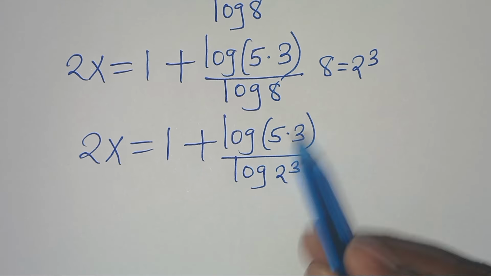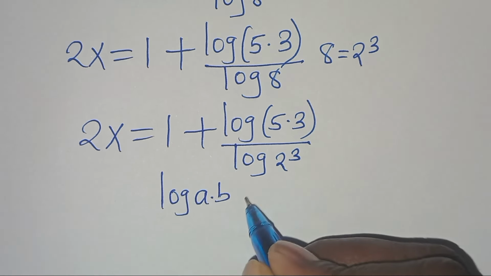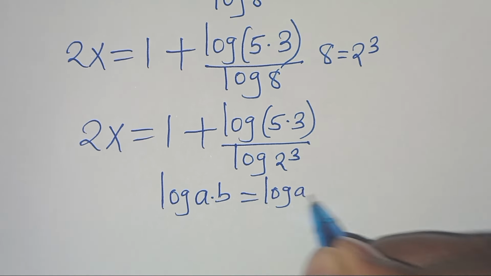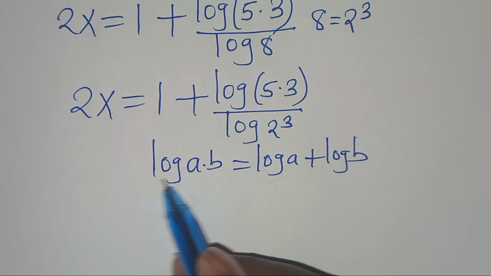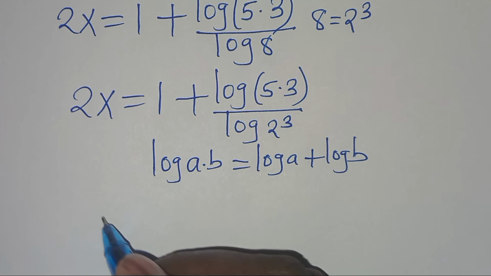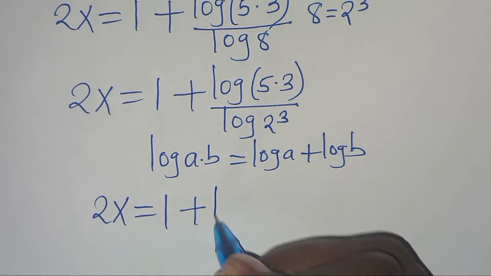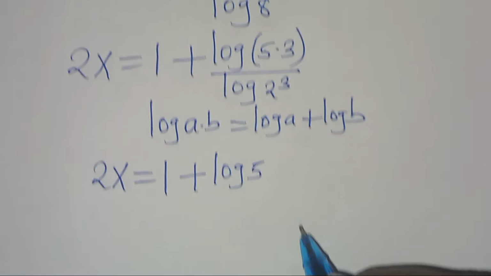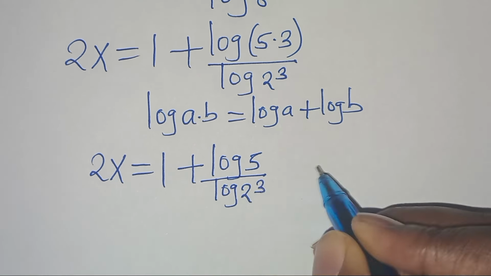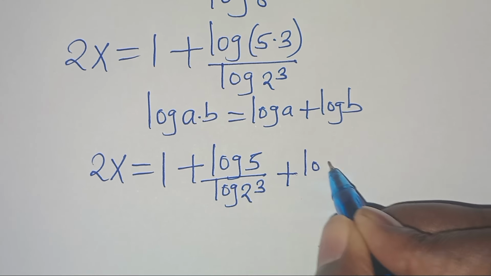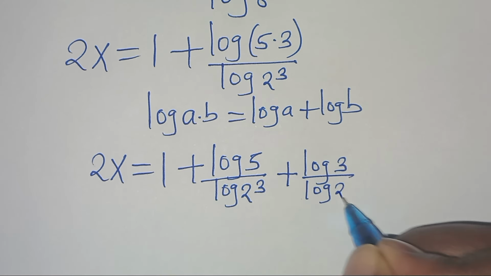Now, log 5 times 3, this is in the form of log a multiplied by b, which can be expressed as log a plus log b. Applying this logarithm property, then we have that 2x is equal to 1 plus log 5 divided by log 2 to the power of 3, then plus log 3 divided by log 2 to the power of 3.